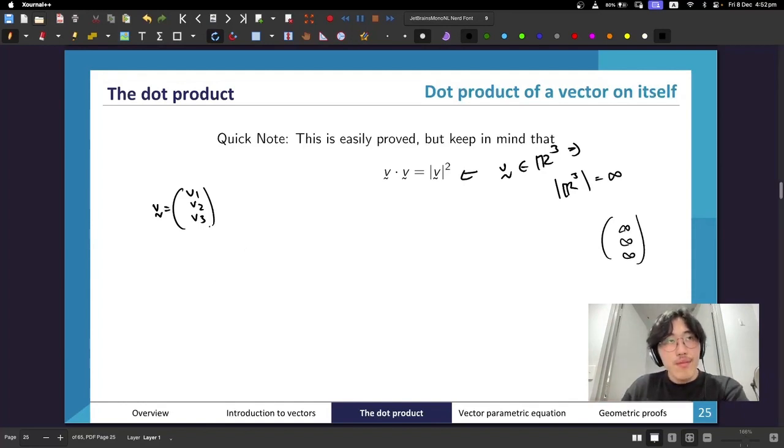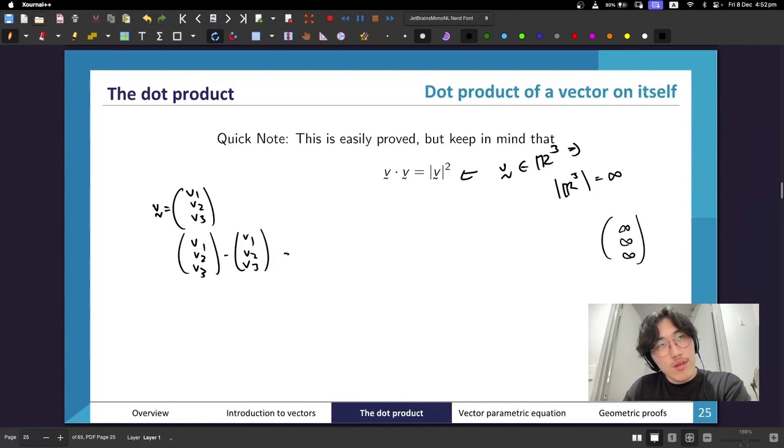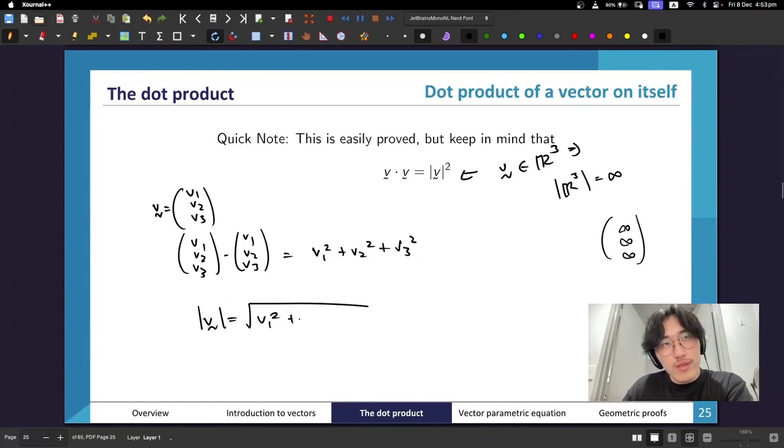So v is (v1, v2, v3), and let's figure out what the dot product of itself is. So v dot v is v1 squared plus v2 squared plus v3 squared. Now if we recall the magnitude formula, the magnitude of v is the square root of v1 squared plus v2 squared plus v3 squared.